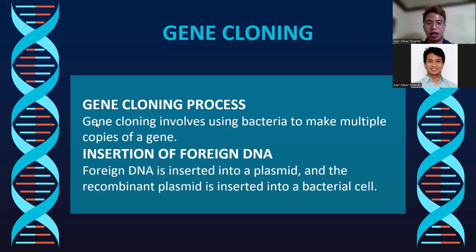So yung pag-insert ngayon natin ng foreign DNA that contains the gene of interest is inserted now to the plasmid, which is a small circular piece of DNA that replicates independently within the bacteria. Okay, so once yung foreign DNA natin is integrated doon sa mismong plasmid natin, the recombinant plasmid is now introduced into a bacterial cell through a process ng transformation.